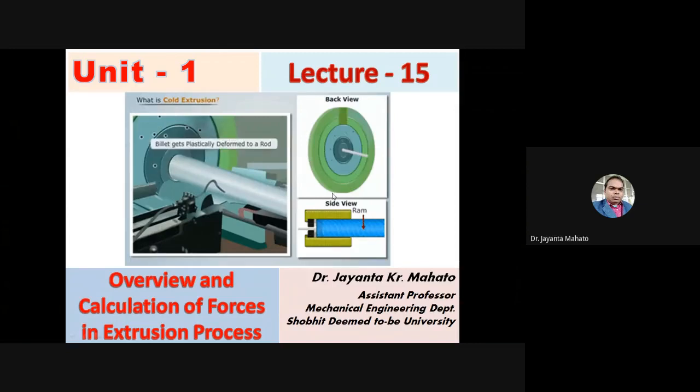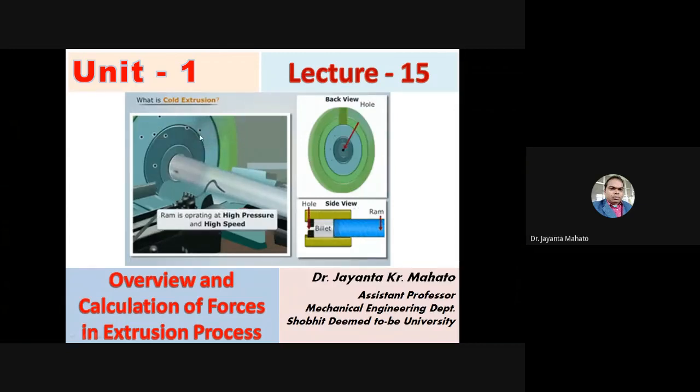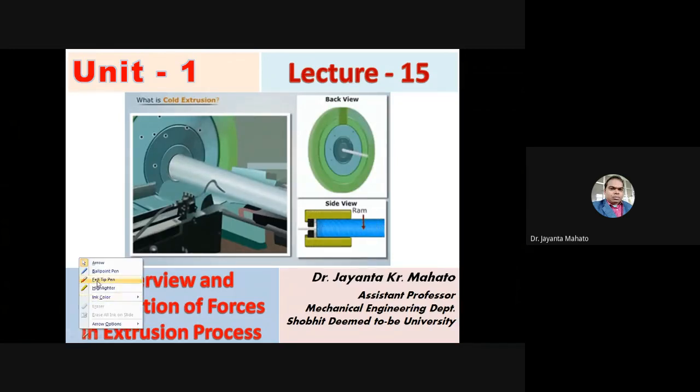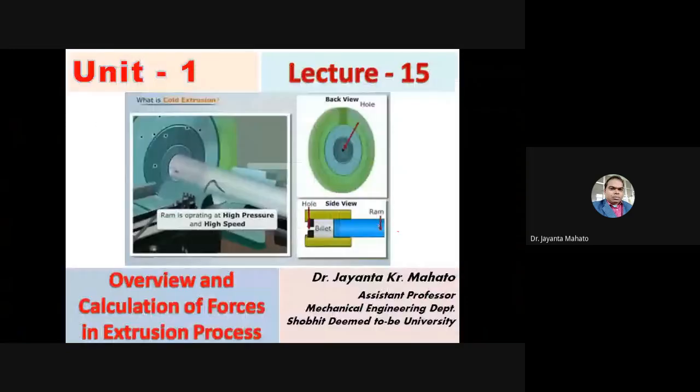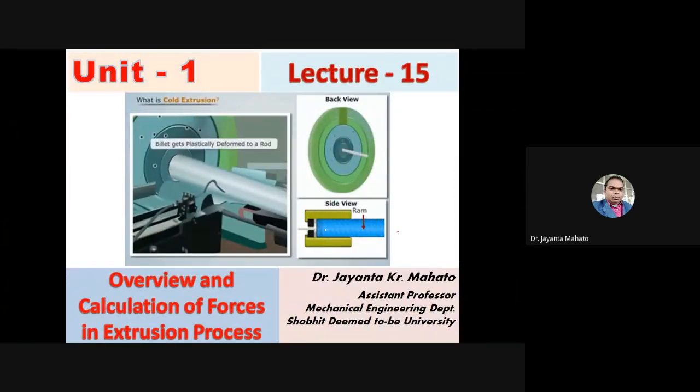So this is just a pictorial view. From this view, I think you can understand that the extrusion process is nothing but extruding the material. It means a plastic deformation process by which the material is extruded.